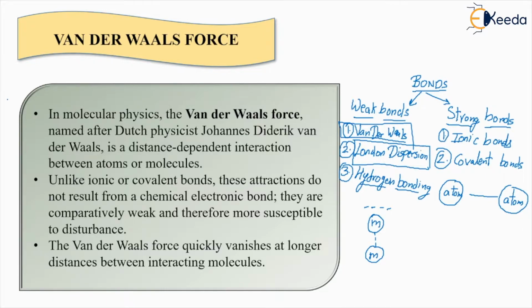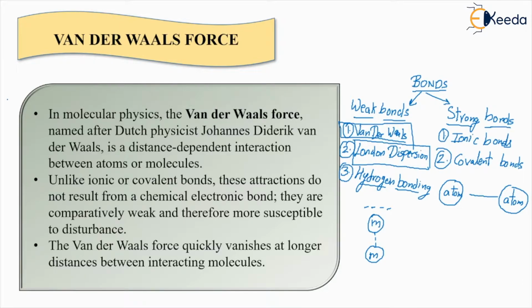Unlike ionic or covalent bonds, these attractions do not result from a chemical electronic bond. They are comparatively weak and therefore more susceptible to disturbance. Always remember, as the name suggests, weak bonds are weaker than strong bonds.